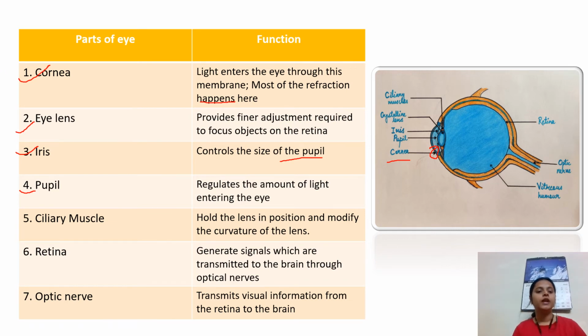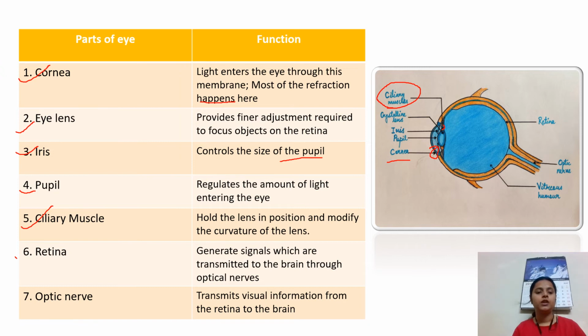Next one is ciliary muscles. What is its function? Ciliary muscles basically hold the lens in position and modify the curvature of the lens. See, this is the ciliary muscles here. It controls the position of lens and modifies the curvature of lens.